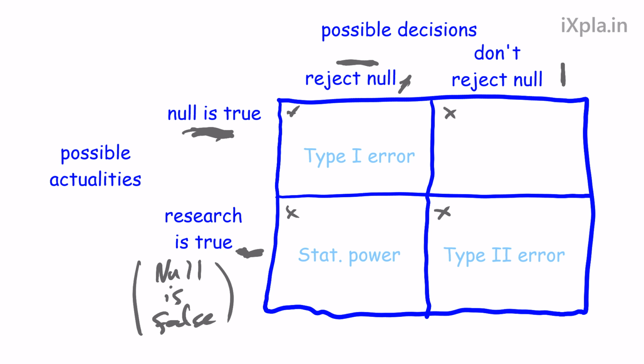The null hypothesis is true, and you do not reject the null. So there's not enough evidence to reject the null. This cell doesn't really have a name, but it might be described as correctly not rejecting the null.